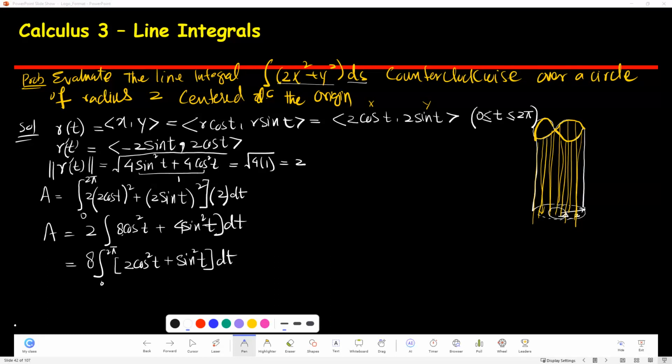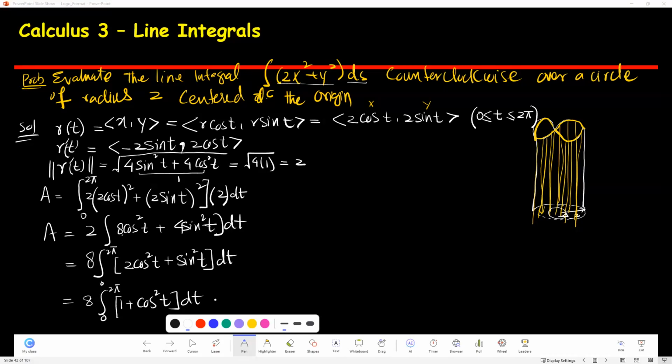Now, before I take the integral, I can convert this to 8, 0 to 2 pi. This one can be written as 1 plus cos square t. It's just a trigonometric identity, and I can take the integral of this one.